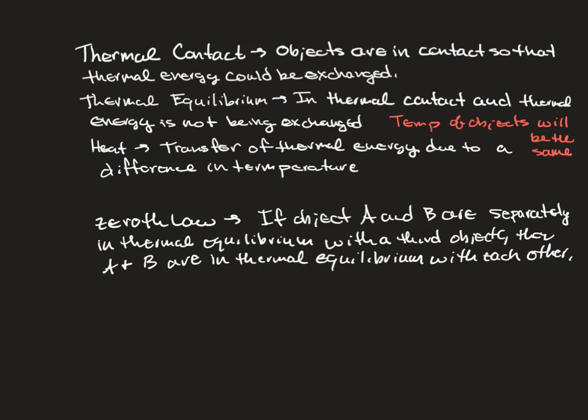And that's one of the reasons why you had to wait when you went to the nurse's office. They had to sit there with the thermometer underneath their tongue for a couple of minutes, wait for your tongue to reach thermal equilibrium with the thermometer bulb, and that thermometer bulb in turn would be in thermal equilibrium with the mercury inside of the thermometer. So the mercury never actually had to touch your tongue, and you can use the fact that the mercury expanded due to a change in temperature in order to read off the temperature. So this is a way that you can use the Zeroth Law of Thermodynamics.